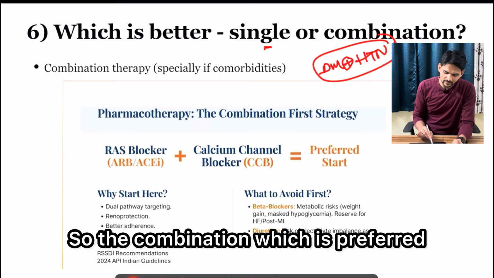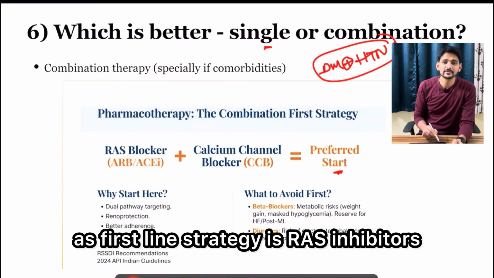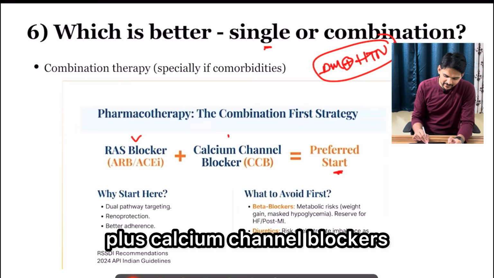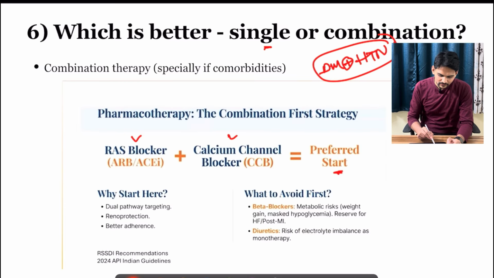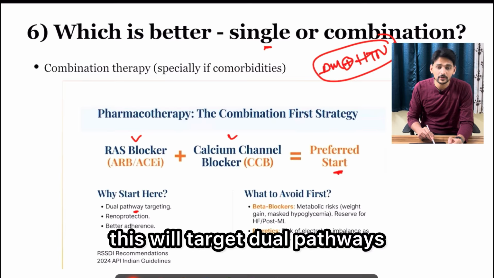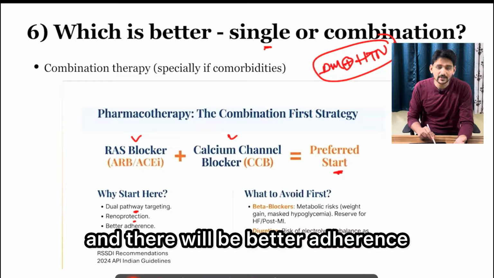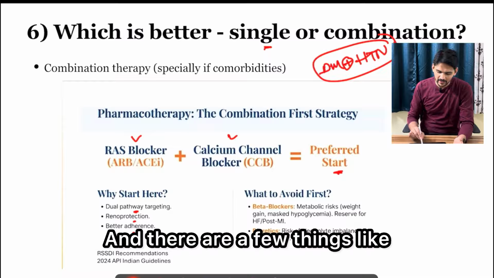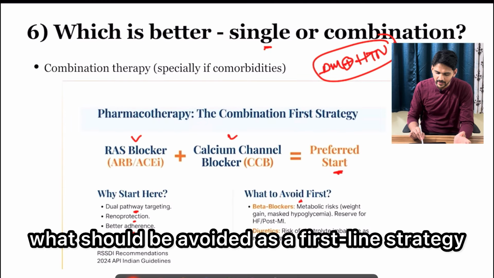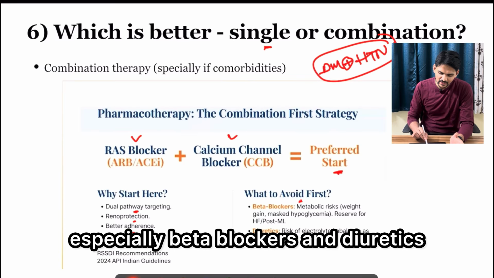The combination which is preferred as first line strategy is RAS inhibitors plus calcium channel blockers. So why this combination? Because this will target dual pathways, it is renoprotective, and there will be better adherence.